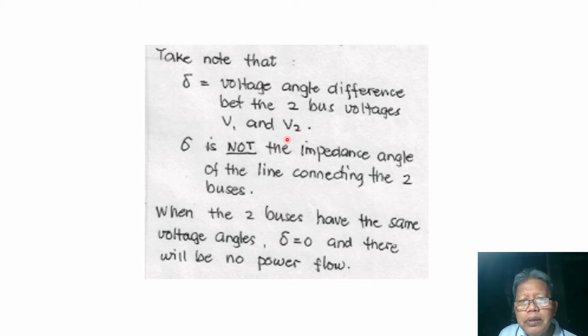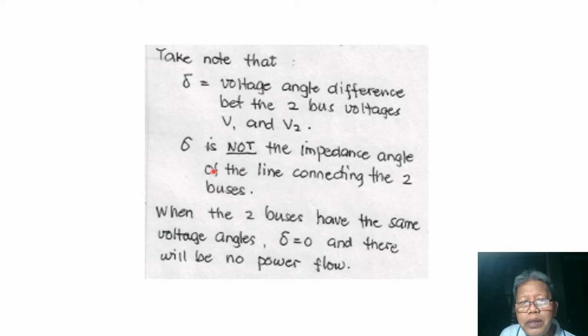Since we choose V2 to be our reference phasor with an angle of 0, actually this delta here represents the rotor angle of the generator with respect to its terminal. So delta is not the impedance angle of the line connecting the two buses.